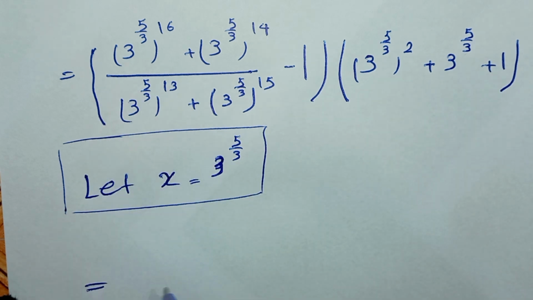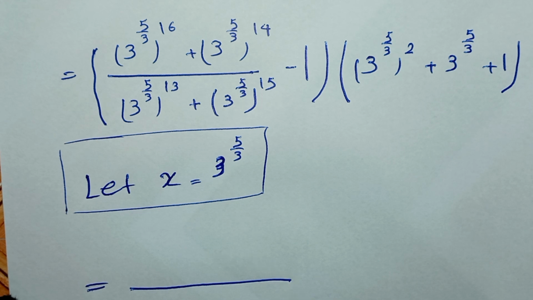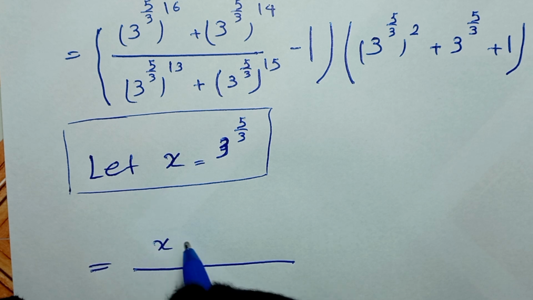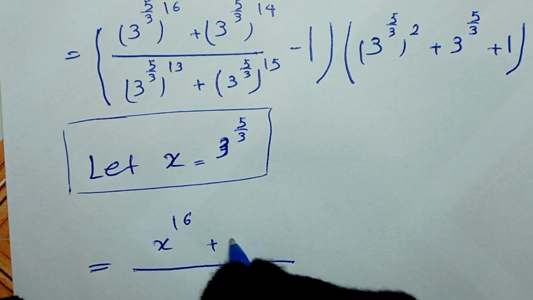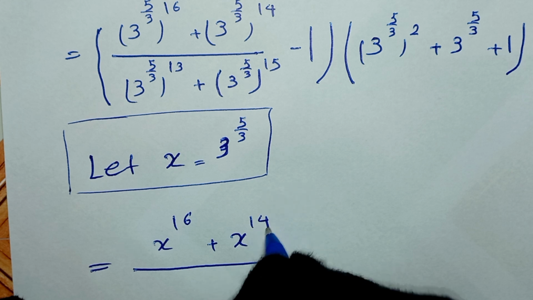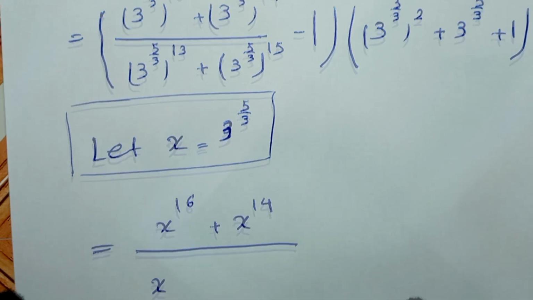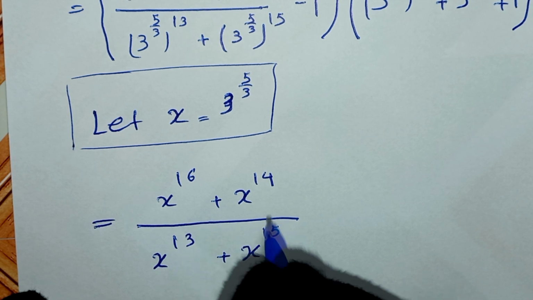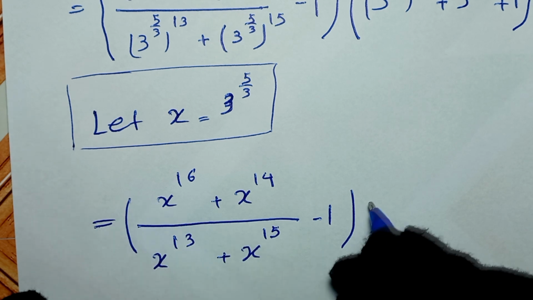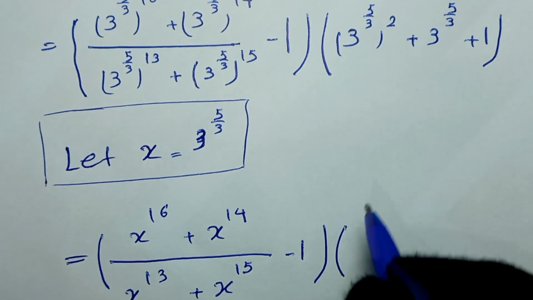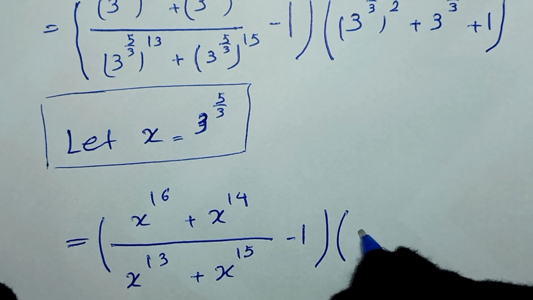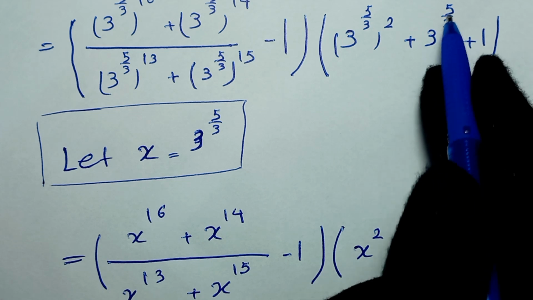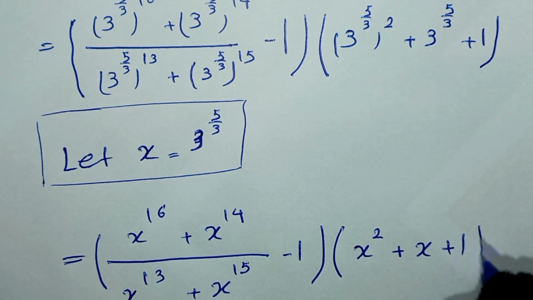So it will be, 3 to the power of 5 over 3 is x, so it will be x to the power of 16 plus x to the power of 14 over x to the power of 13 plus x to the power of 15 minus 1, and times, in here it will be x to the power of 2, so x square, and plus x, right, 3 to the power of 5 over 3, and plus 1.